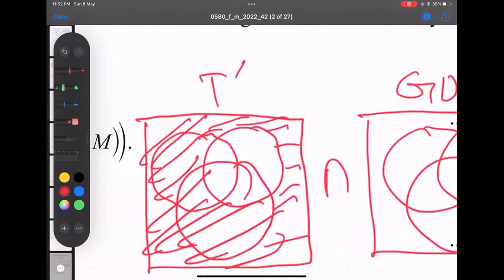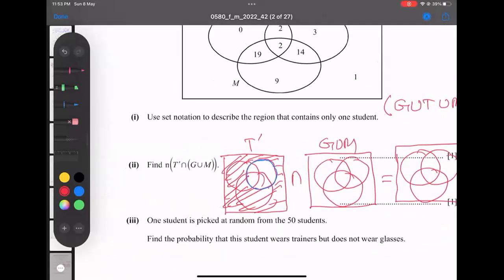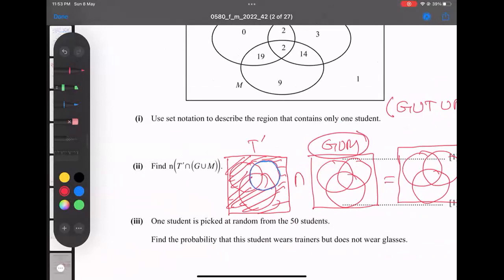I shaded everything. Clear. What is G union M? If you don't know, it is G and the circle of M. G union M means common and uncommon: the common part in the middle and the uncommon all. So it means all 3 circles. So I have done it.